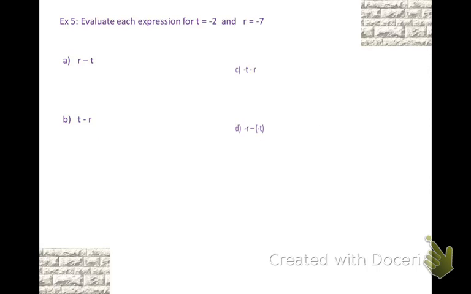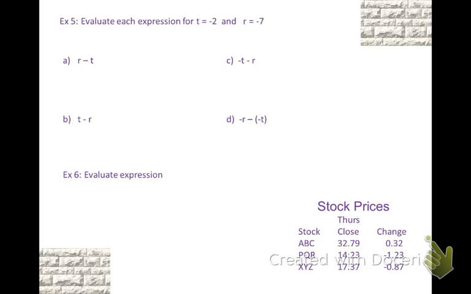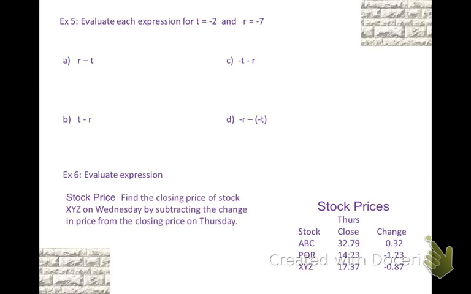Example 5. All right. Again, you're going to substitute the numbers in for the variables. That's what evaluate means. So it's going to be r is negative 7, so you're going to go negative 7 minus, and t is negative 2.